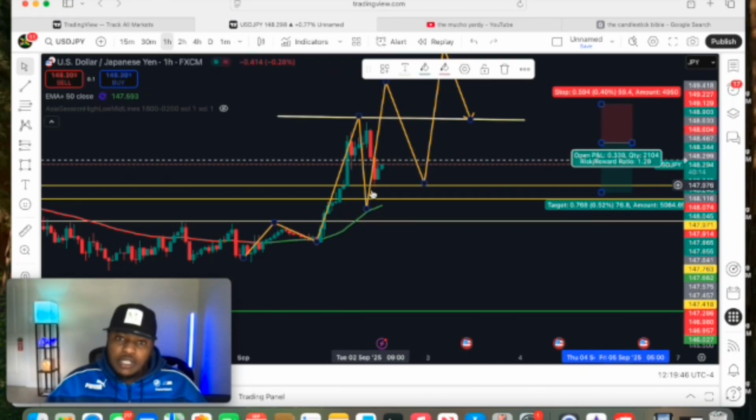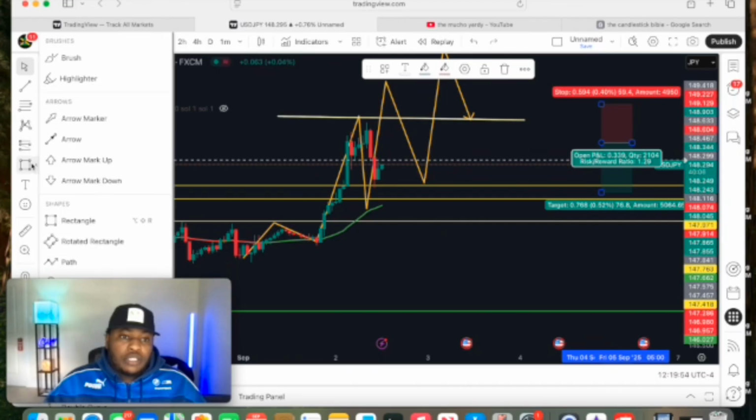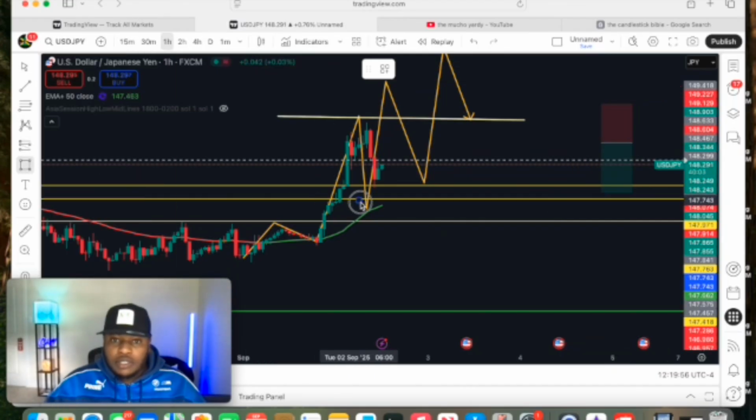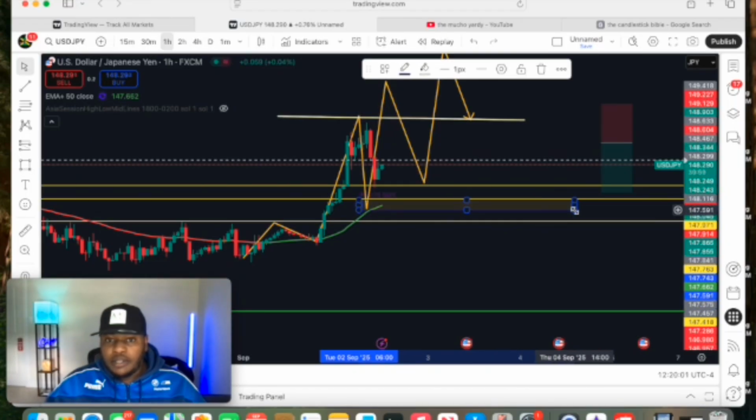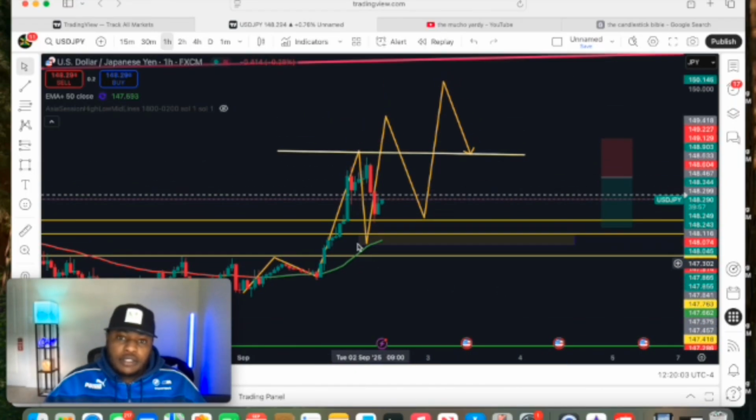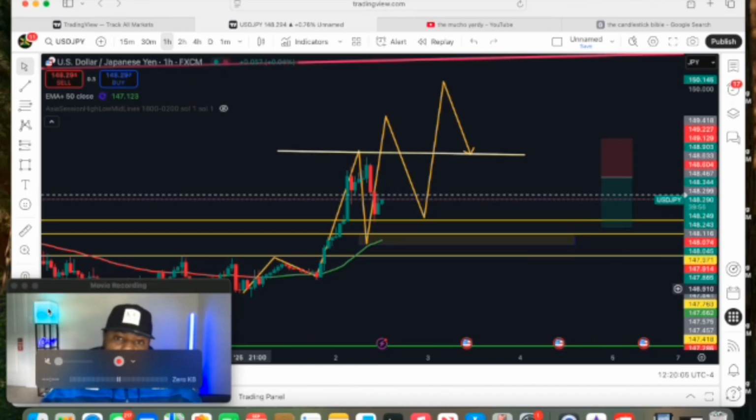But this still has the potential to just pull back a little bit before it continues to drop. As we said earlier, we are waiting on it to be at this area to take a buy, right? So if it's not at that area, we're not taking a buy.